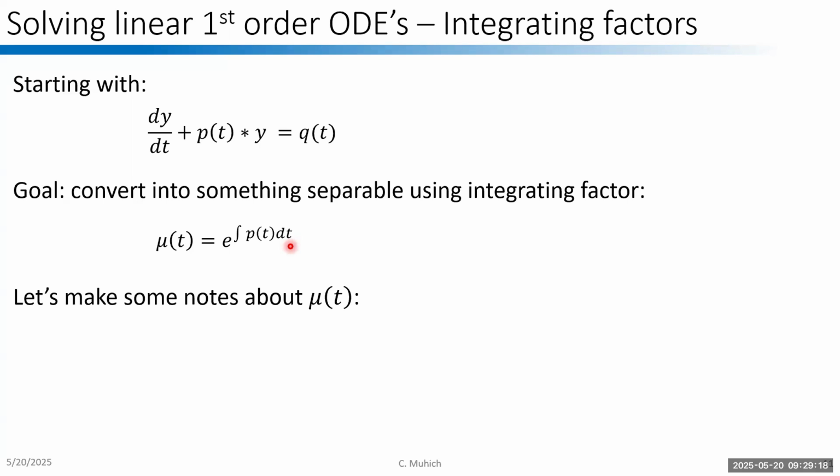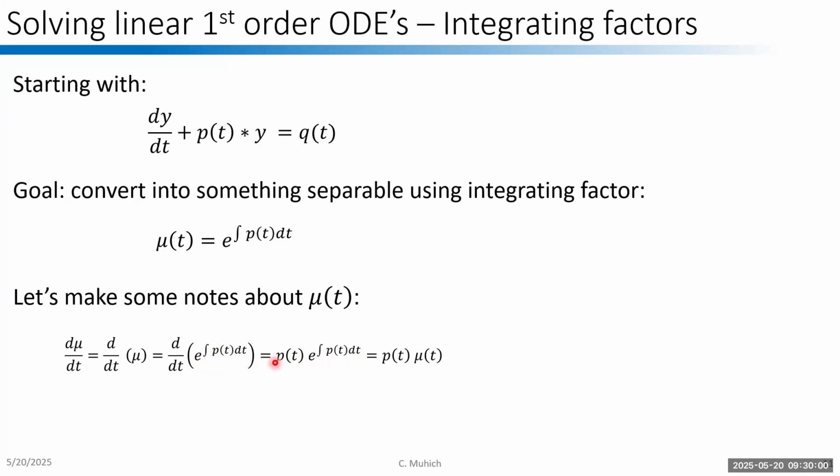Before we go much farther, I want to make a quick note about mu of t, because this is why it is going to help us solve these problems. If I take the derivative of mu with respect to t, I can substitute mu in there and get d dt of e to the integral of p of t. When I take the derivative of an exponential, I get the exponential back, times the derivative of what's in the exponential.